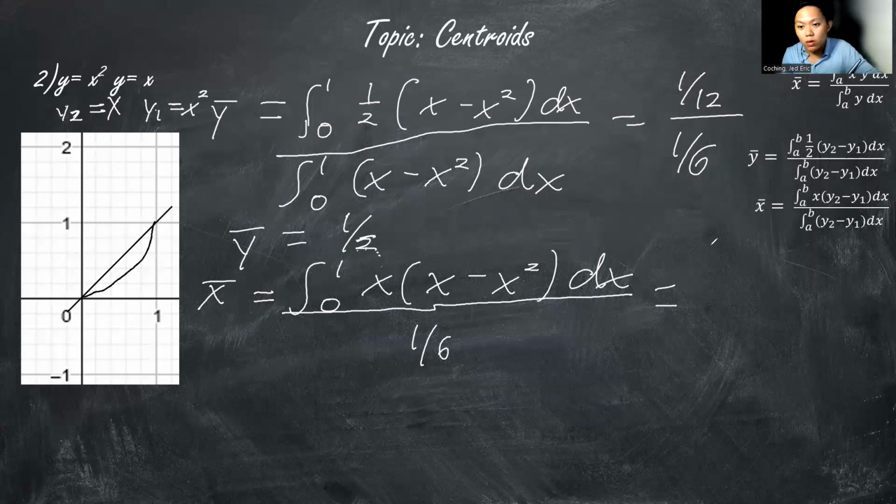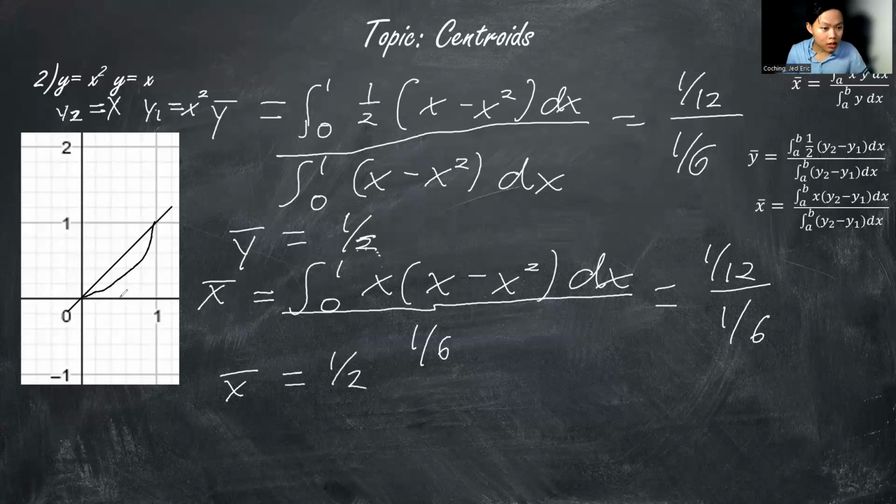So it's the same as the other one, and the centroid of x is equal to 1/2. So 1/2 is right here, and 1/2 is right here.